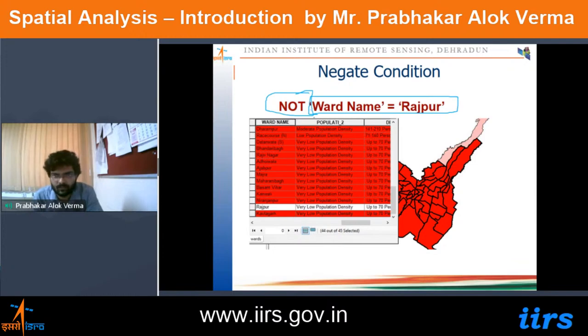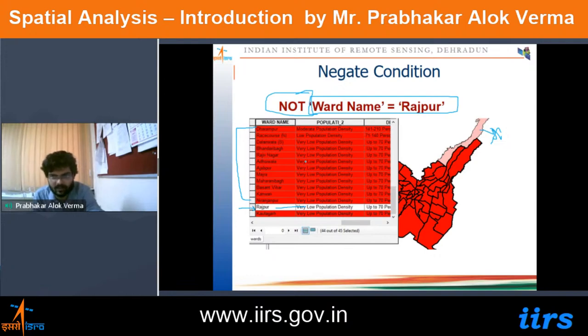So here the query was ward name equal to Rajpur. Here you can see all the wards are selected, but wherever the name was Rajpur, this is not selected. Here red color means selection and the white color in the table means no selection.